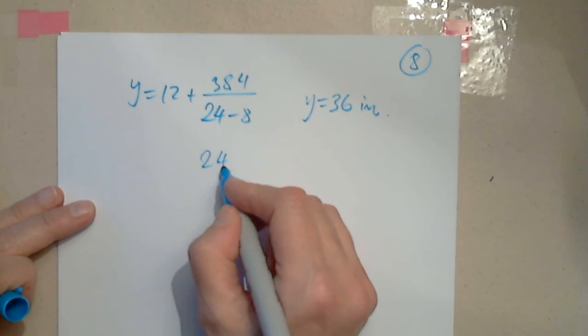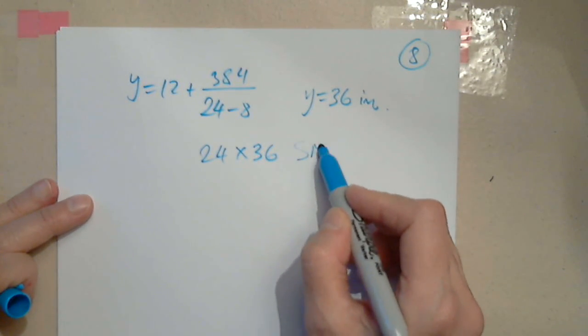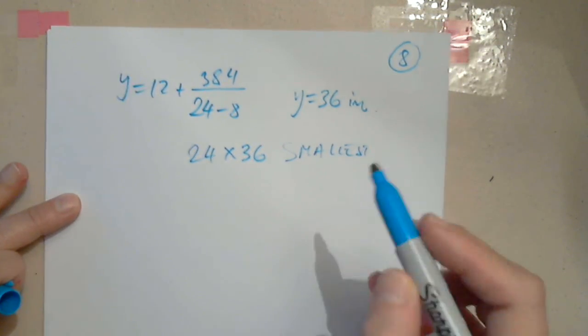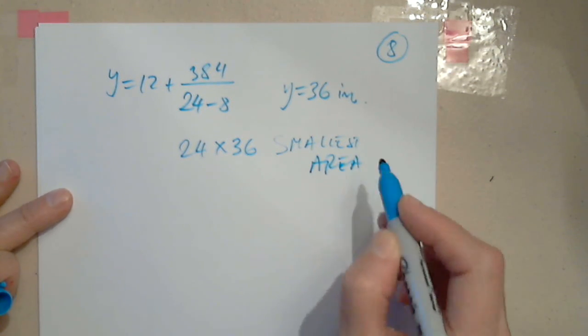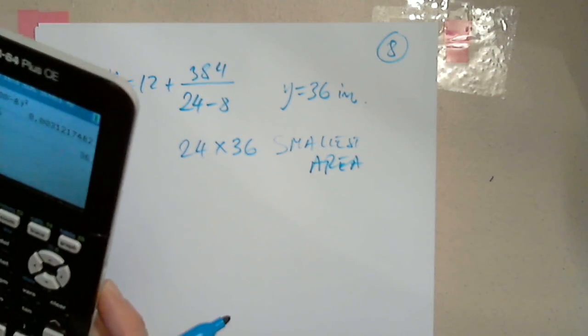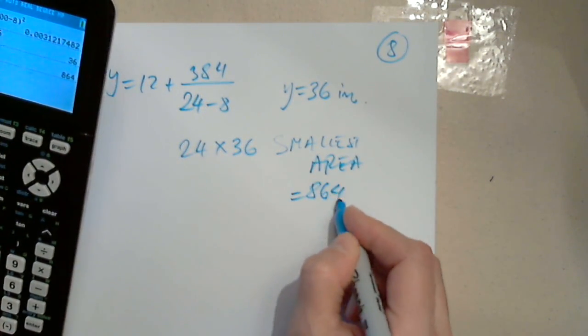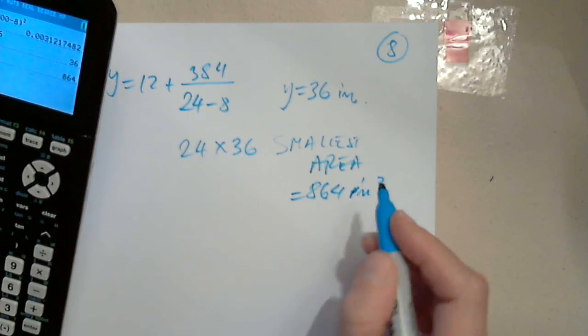So the 24 by 36 inches will give the smallest area of the poster. And if we multiply these two, of course 24 times 36, we get 864 inches squared.